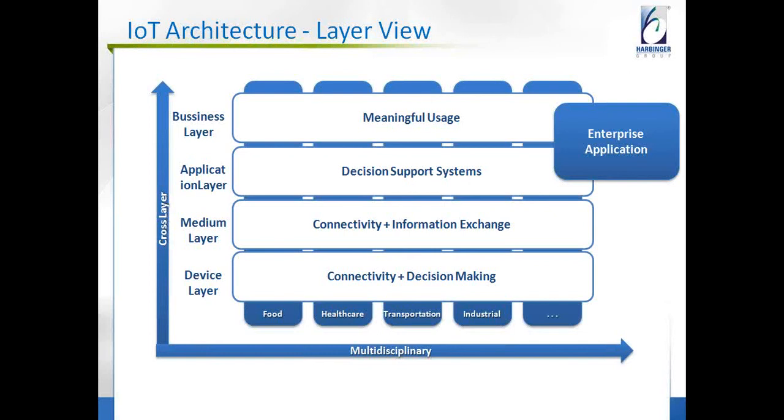Okay, so the approach I had taken so far is to look at the similarities between the different application types that cloud computing supports, like the enterprise application and the IoT application. So let me take another approach now, where let's go around the table and look at what is there in the IoT application that may challenge cloud computing services.